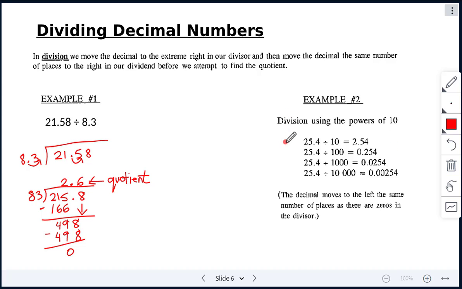So 25.4 divided by 10, it becomes 2.54. When we divide 25.4 divided by 100, it becomes 0.254, and the pattern continues. So what we see in division is the decimal place is moving to the left, the same number of places as there are zeros in the divisor.